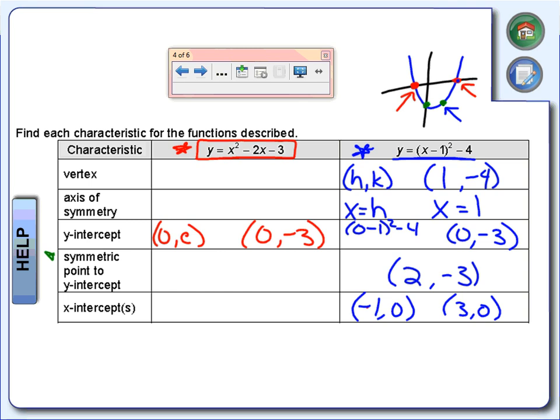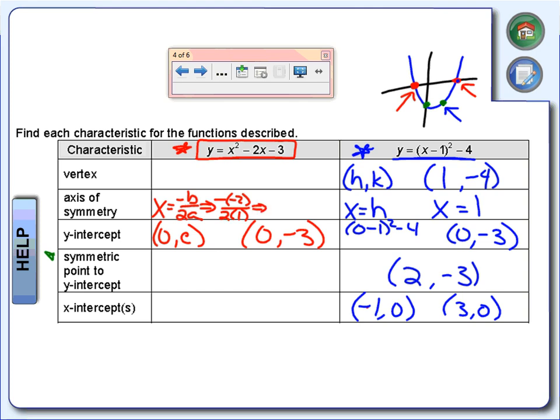Now I'm going to find the axis of symmetry. Again, remember I said I was going to work a little backwards here. To find the axis of symmetry, the note said we're going to do x equals negative b over 2a. So I'm going to replace b with a negative 2, and I'm going to replace a with a 1.